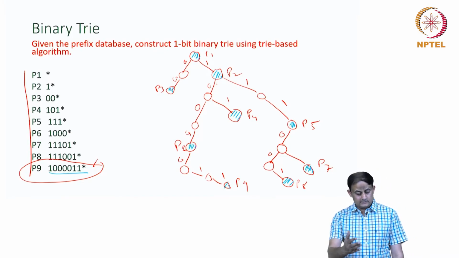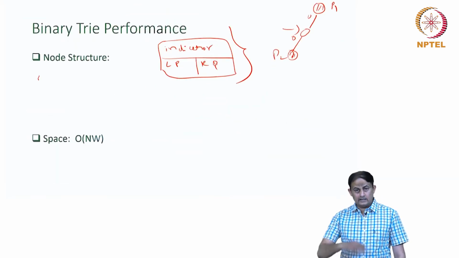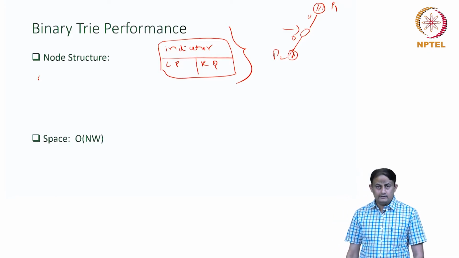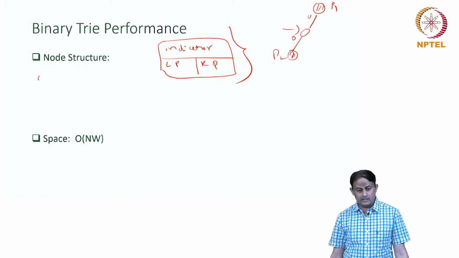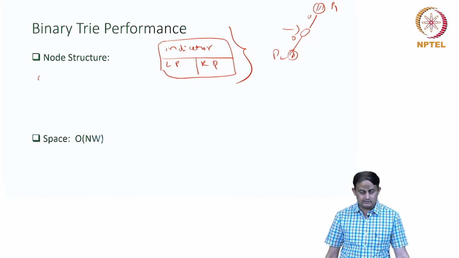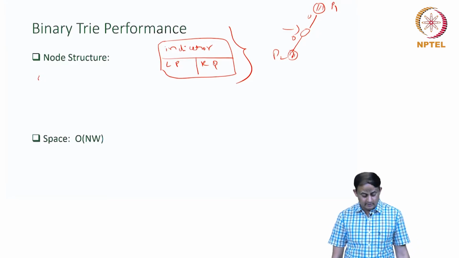So 7 times 9 is the total space required for the entire binary trie. Since this is asymptotic notation, the maximum that we have is the one that we take, so that is the bound, and that is the space requirement.